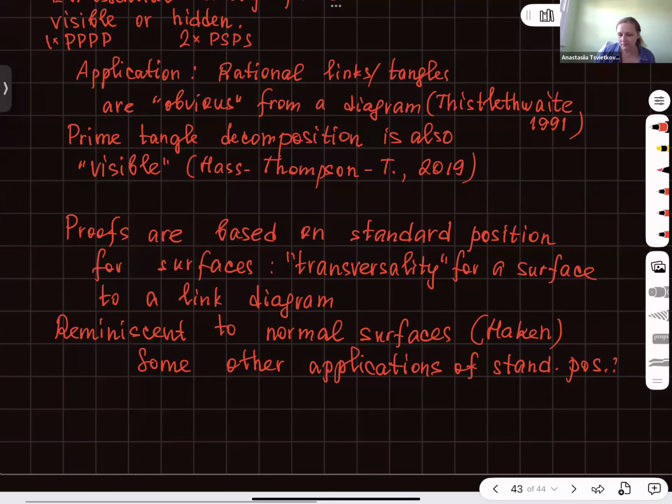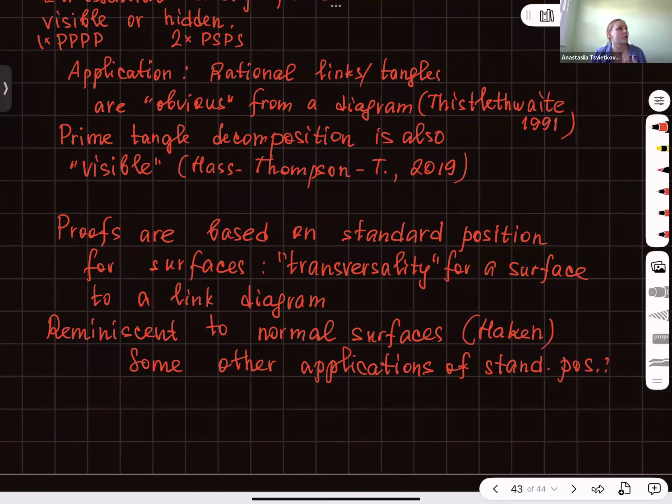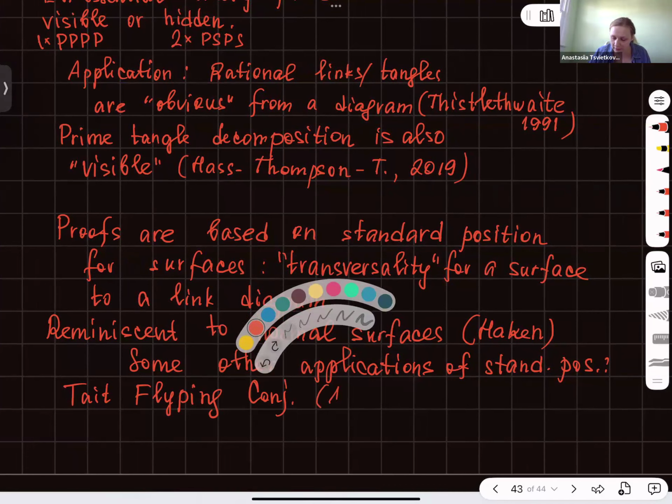One of them, something I guess we'll know about, is the Tait flyping conjecture, right? And Tait had several conjectures. One of them was specifically about getting from one reduced alternating diagram to another by a sequence of flypes. And this was proved by Menasco and Thistlethwaite.